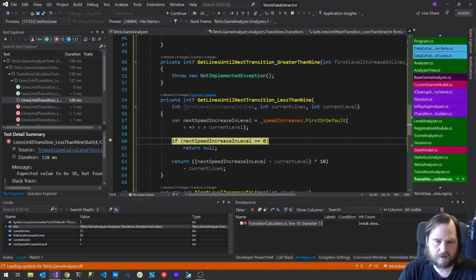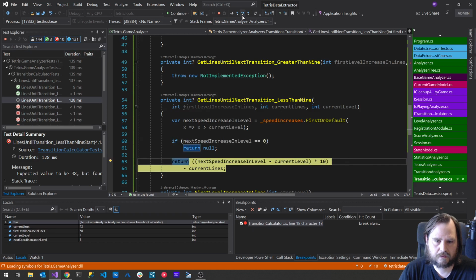Your next speed increase is at level 5. So you're taking 5 minus 4 times 10, which is 10 lines. Oh, wait a second.